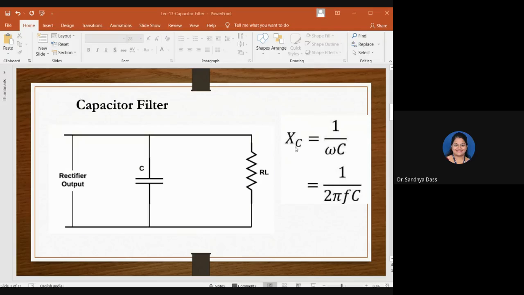Based on the value of the capacitor and the reactance, because the capacitor is open for DC and blocks DC, it can be connected in parallel with the load to allow the AC components to flow through it and allow the DC component to flow through RL. So the capacitor filter circuit is as shown here.